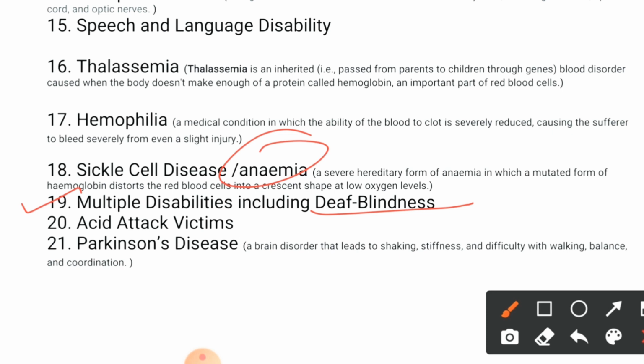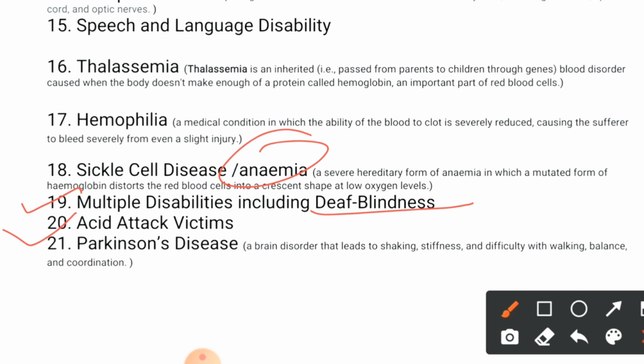Next we have acid attack victims. This has also been considered as part of learning disability. You must be wondering why acid attack is considered, right? Generally, acids are thrown on the face of the victim, which causes deformity of the face.